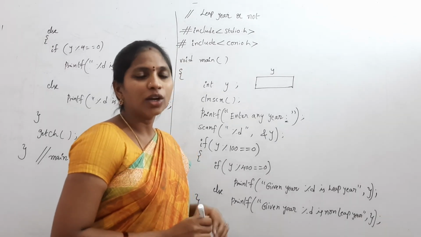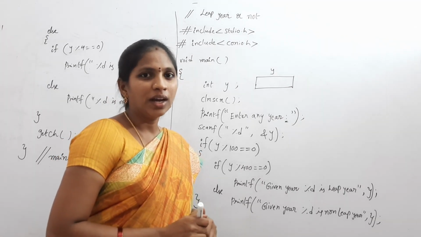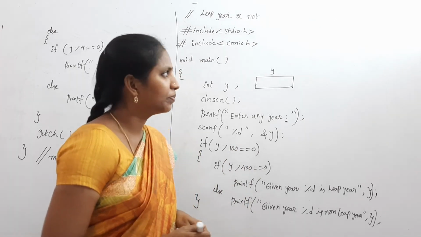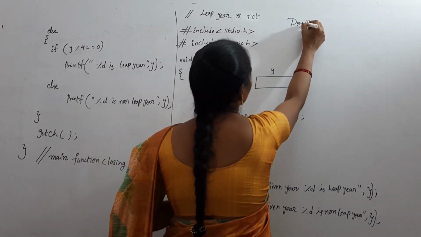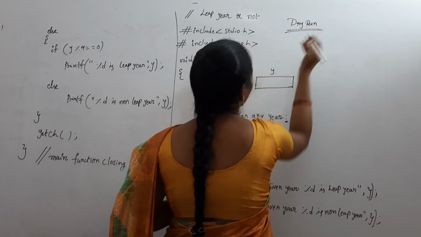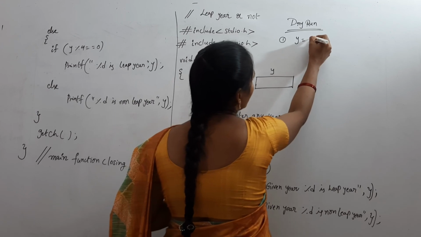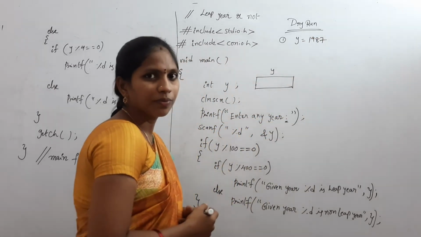Now see the dry run of this program. Dry run means without using any software, run or execute this program manually. Take an example, here y is equal to 1987 for suppose.